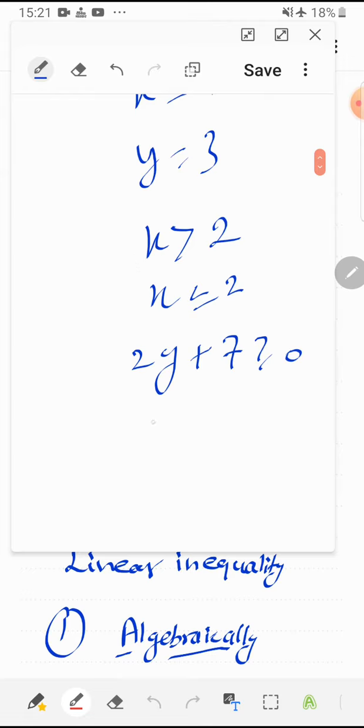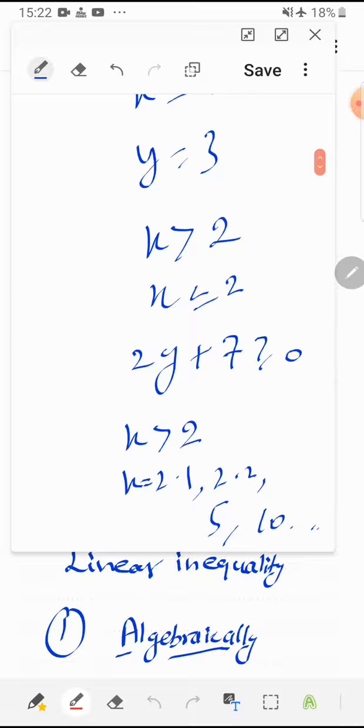It's a collection of numbers. Like when I say x is greater than 2, so x is more than 2, maybe 2.1, maybe 2.2, maybe 5, maybe 10, and so on. There are enormous values of the solution.